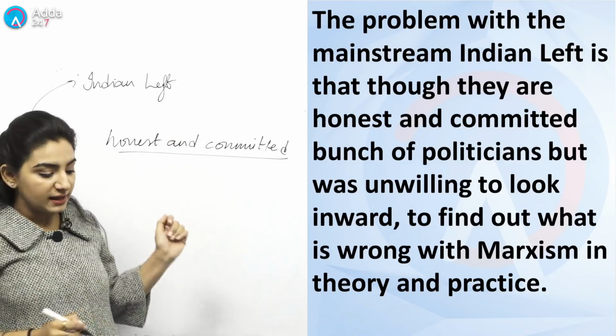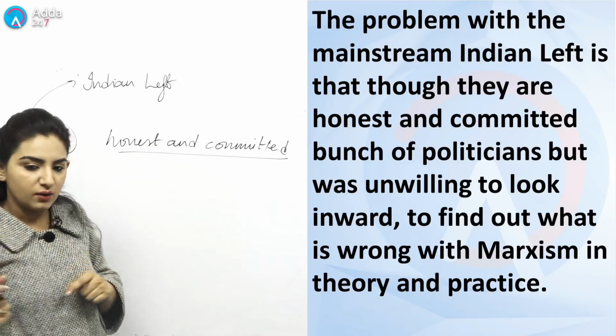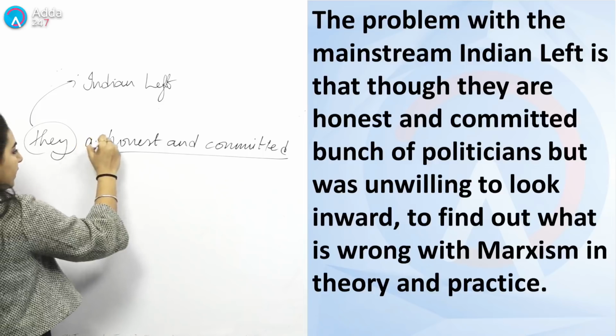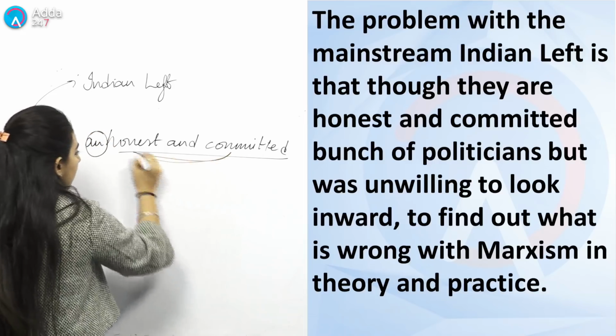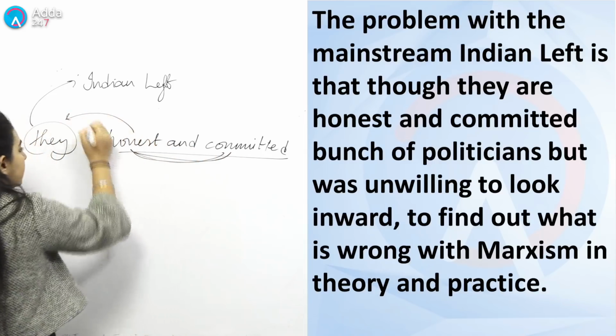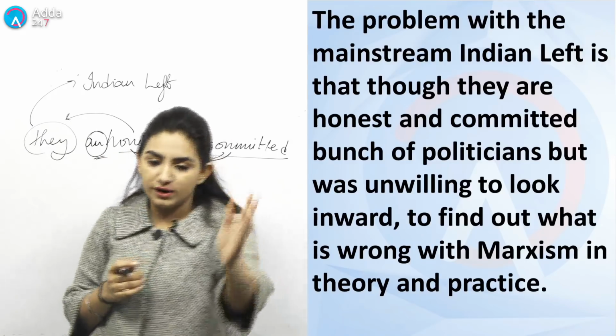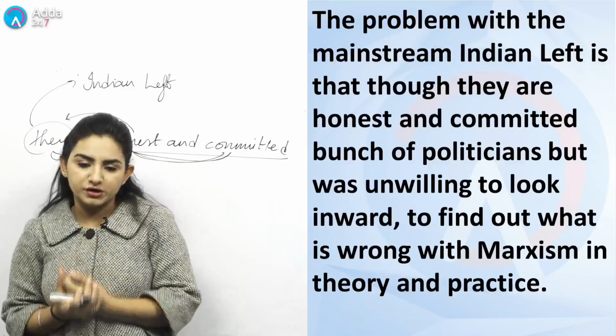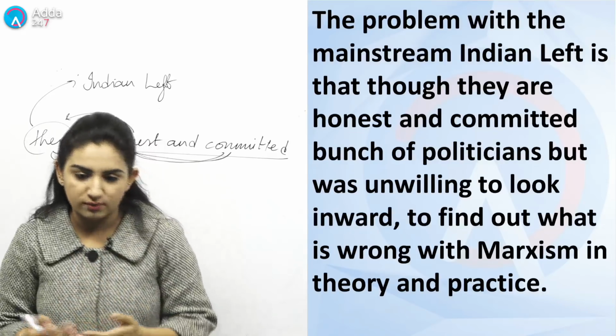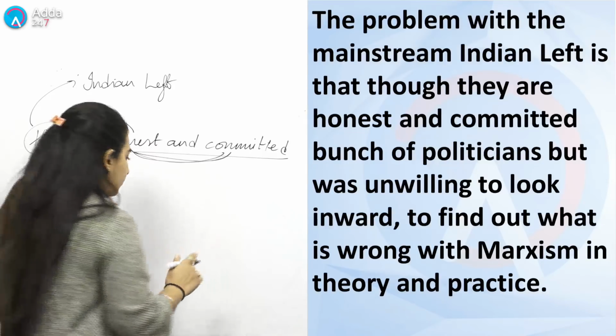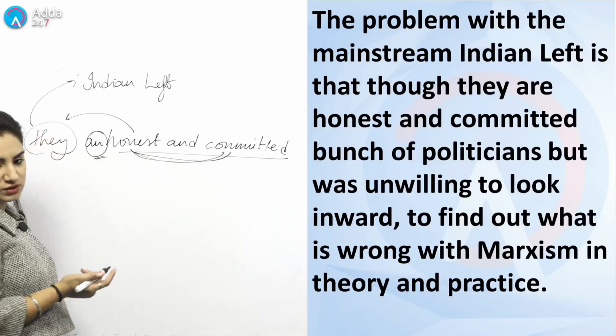So what is this? They are and honest and committed. You need an article here, because when we use two adjectives for a single subject, we use an article before it. So they are an honest and committed bunch of politicians, but was... bunch of politicians we are talking about, right? So how can we write was here?